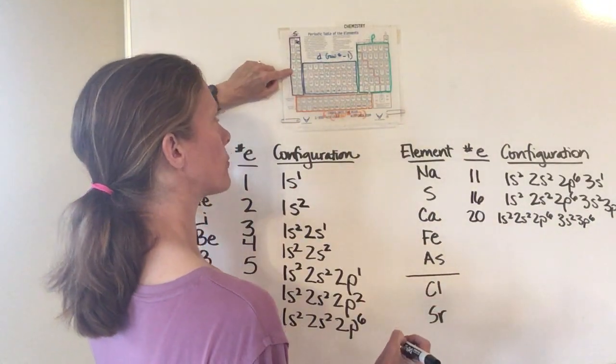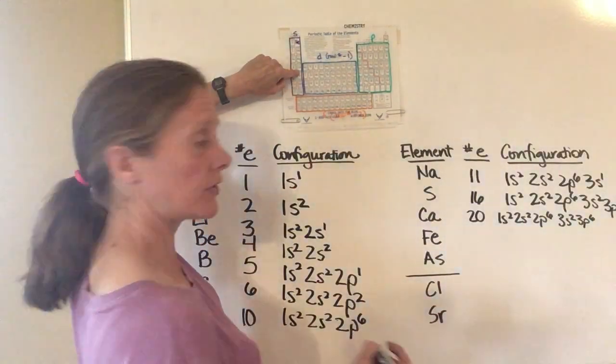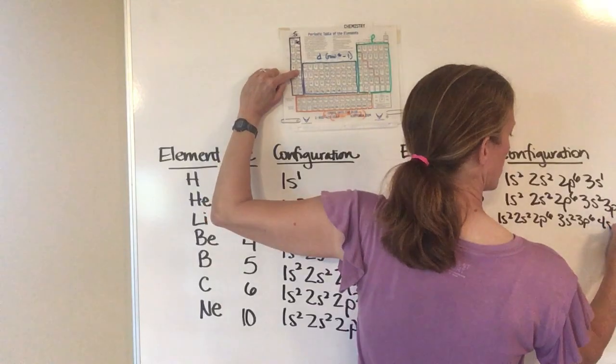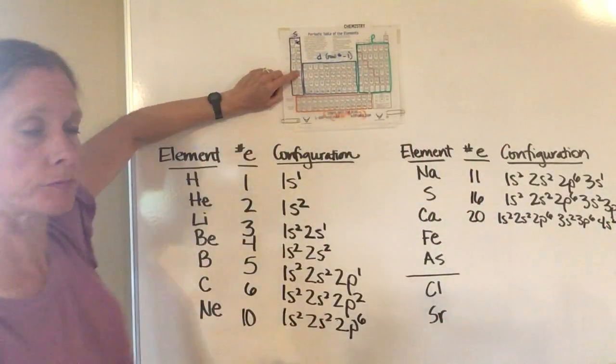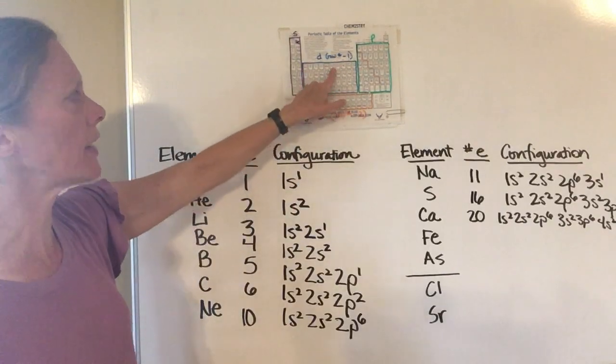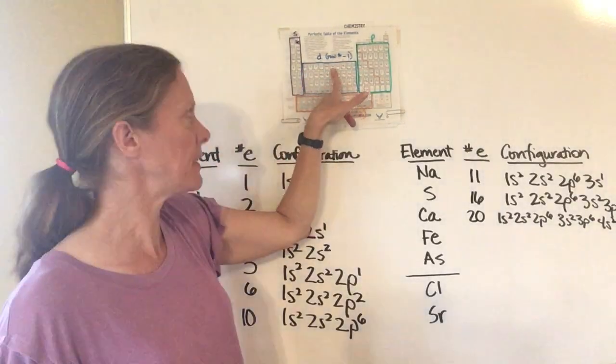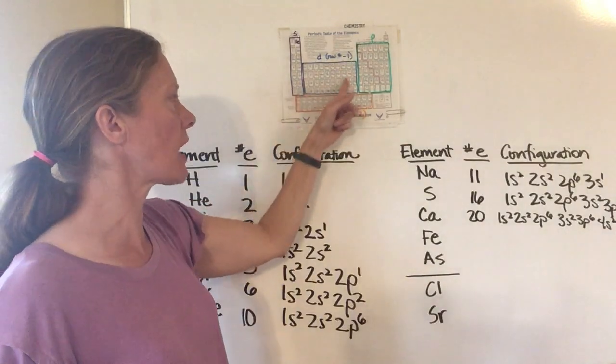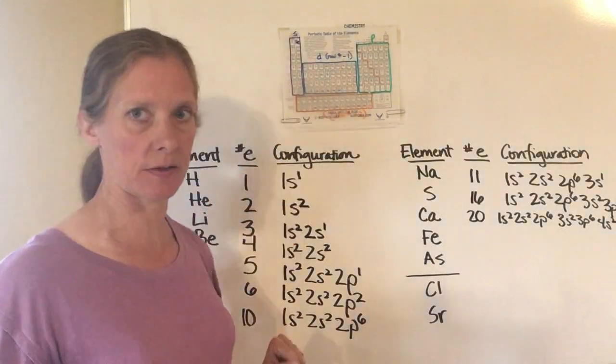Calcium's in the fourth row, in the S block, in the second column. So it's 4s2. Okay? Now, when I get to iron, you have to be careful because this is the first time I've been in the D block.